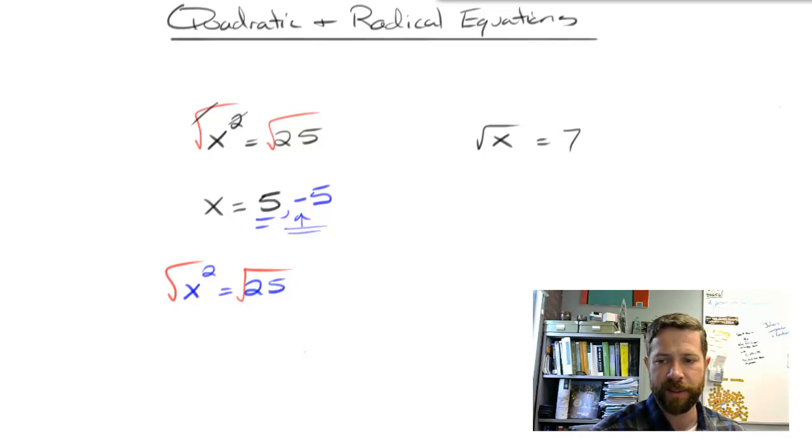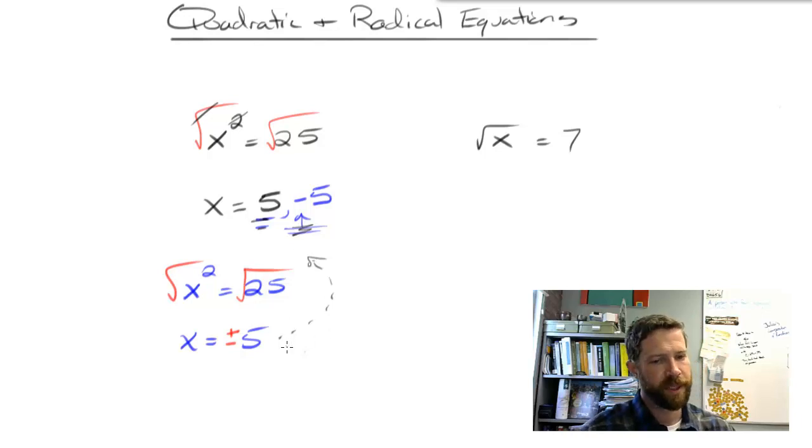When I do that, what I'm going to do is get x equals 5, but I'm going to add this symbol plus and minus in front. This is actually the shorthand for this solution set above of 5 and -5. So this plus or minus 5 is just a shorthand quick way of writing 5 and -5.